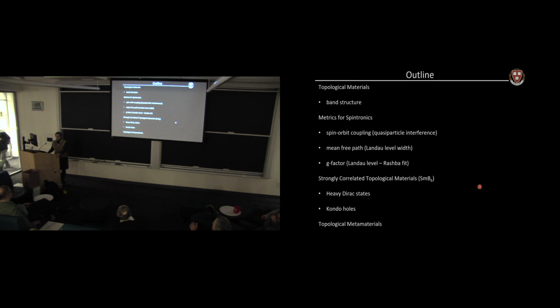So one application is spintronics, so I'll talk about how we can measure some of the metrics that would make a good spintronic material. And then I will move into strongly correlated topological materials, and finally a few slides at the end on something very new, data coming in a couple days ago from one of the undergraduates in my lab, on topological metamaterials.